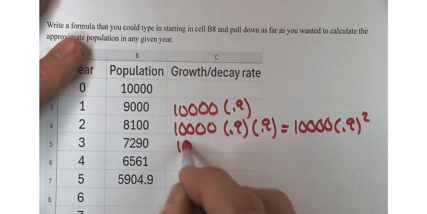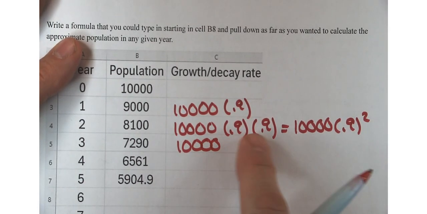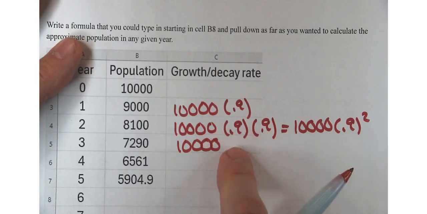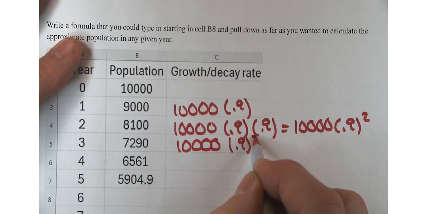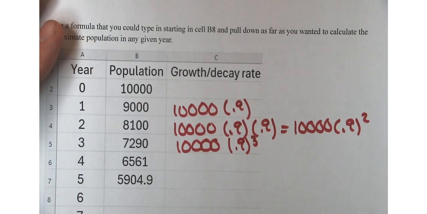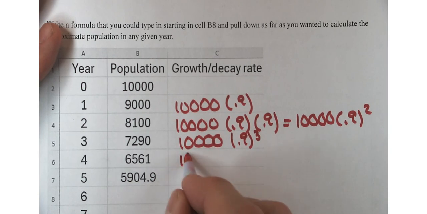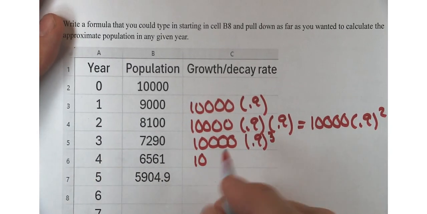And this is going to be 10,000 times 0.9 times 0.9 times 0.9 again. Or instead of writing that, I could write 10,000 times 0.9 to the third power. Any suggestions as to what this one's going to be down here? Yeah, to the fourth power.